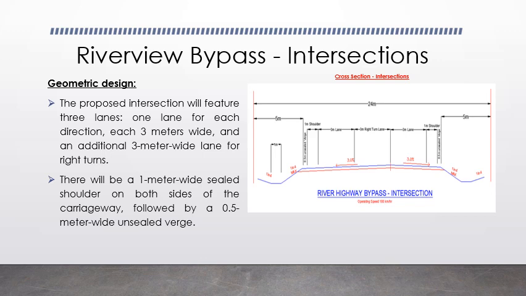And there will be a 1 meter wide sealed shoulder, like the northern and southern section, on both sides of the carriageway, followed by a 0.5-meter wide unsealed verge.